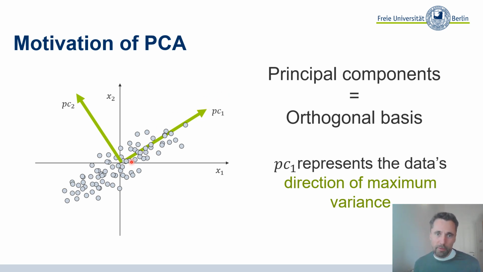And so we could have also different vectors, and we call them principal components. So the principal components of this data distribution are orthogonal vectors, and the first principal component is the direction of maximum variance, or the direction in which the data has the greatest spread.